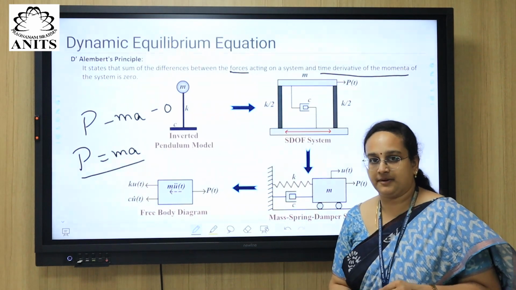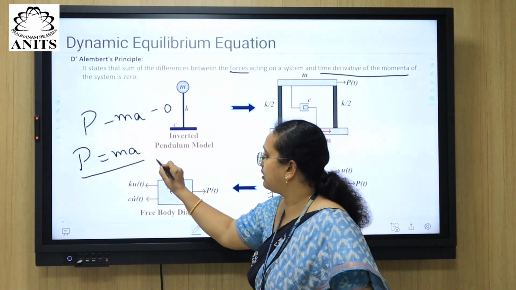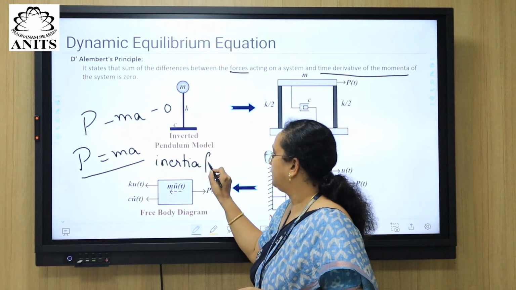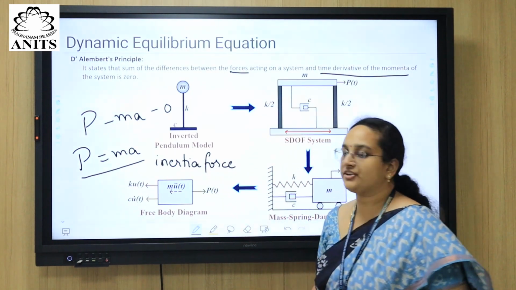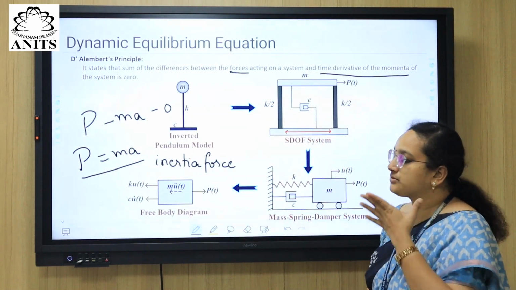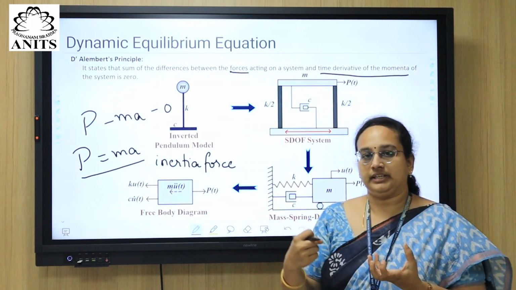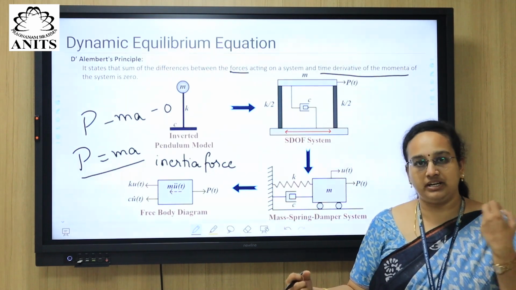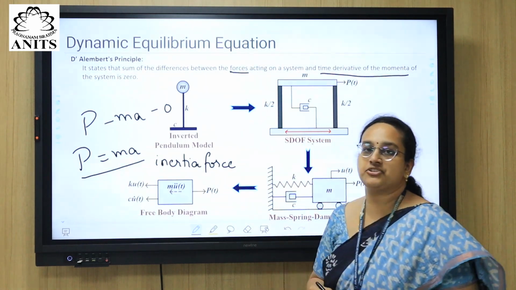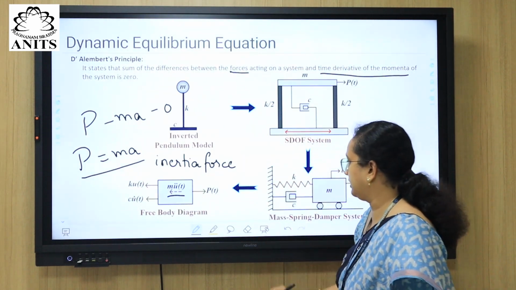What is this force called? That means this is called inertia force, right? So mass into acceleration is called inertia force. That means wherever mass is present, you are applying some lateral force. Then the force that is actually pulling back is mass times acceleration, which is called inertial force. Let us come back to that again.